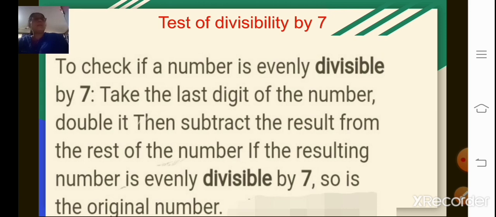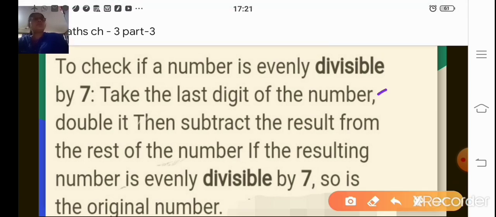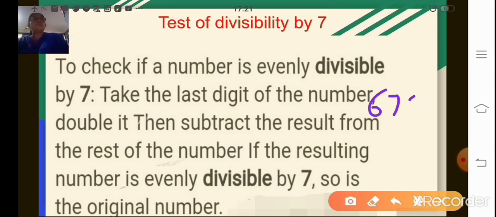So, let me give an example. Suppose I take a number as 672. Now, which is the last number here? The last number is 2. Now, this 2, if I double it, I multiply it by 2, this becomes 2 2s are 4. So, what I'll do is 67 minus 4, that is 63.